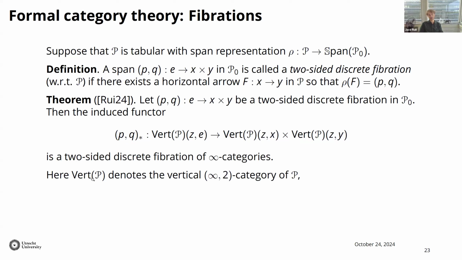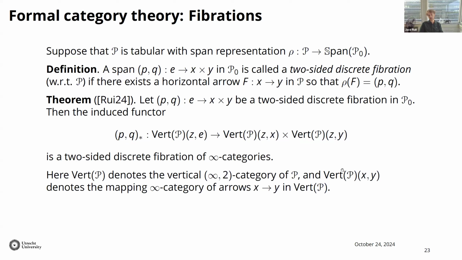So Vert of P here denotes the vertical infinity two-category of P. And this notation Vert P(x, y) denotes the mapping infinity category that is associated to Vert P. So maybe it's worthwhile to translate it back to double categories.